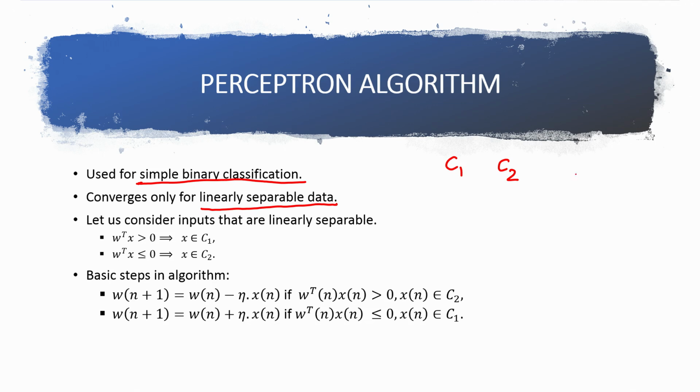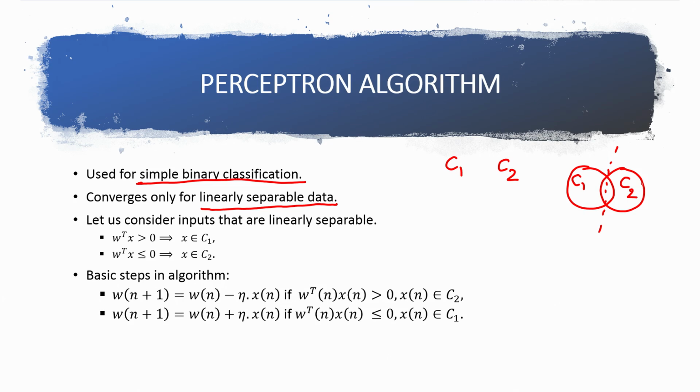That is, for cases when the data is of this form, C1 and C2, that is, the data are not linearly separable, that is, we cannot find a hyperplane that can separate class C1 and C2, the perceptron algorithm fails.